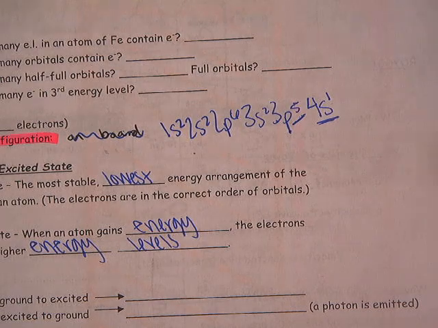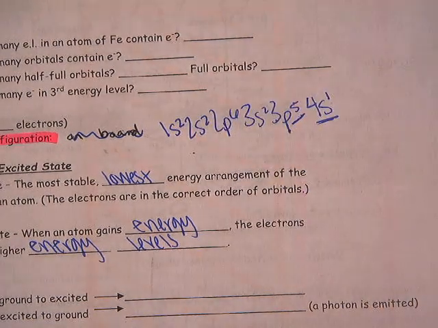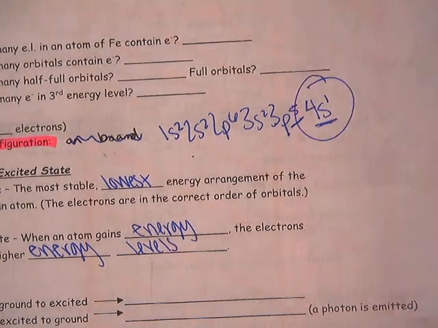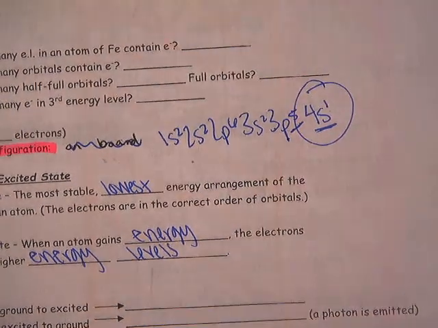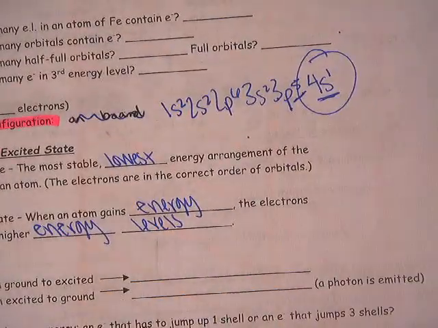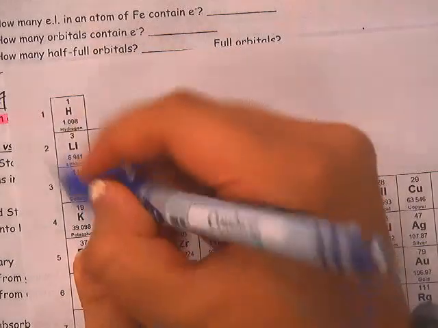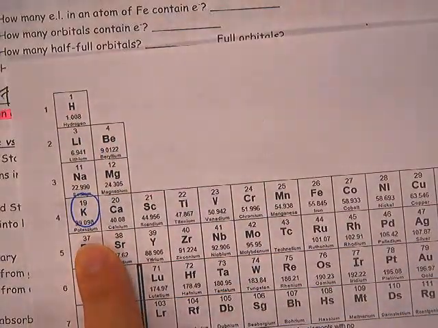So what we do is we count up how many electrons there are to figure out what element this actually is. If I were to look at 4s1 on my periodic table, that looks like it should be potassium.